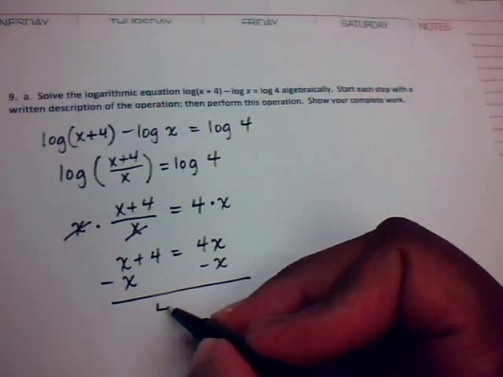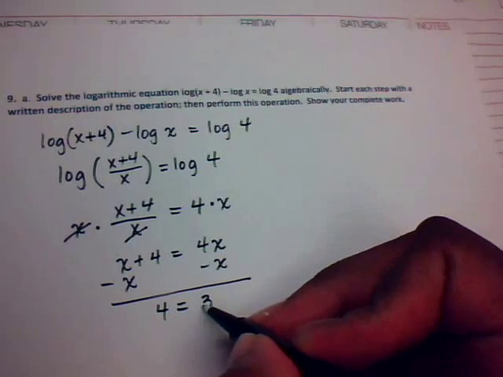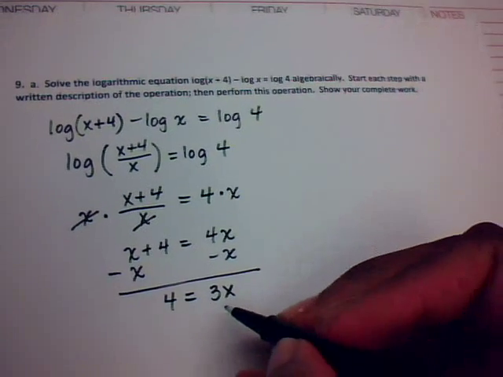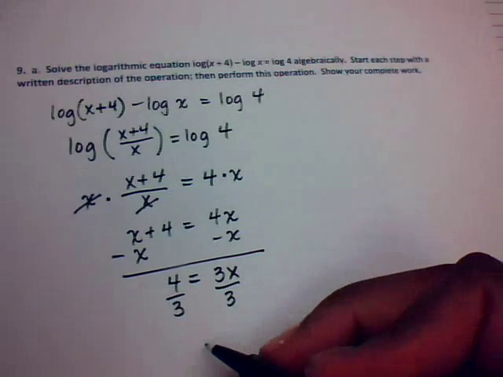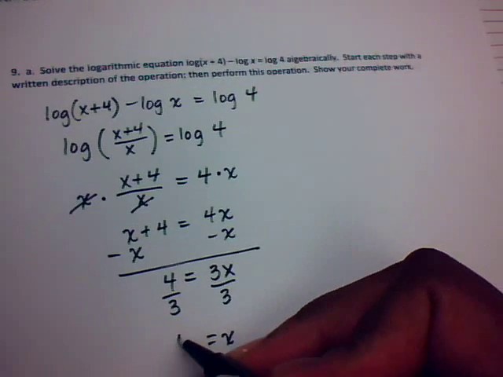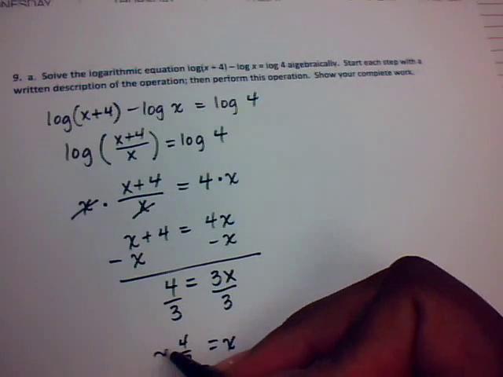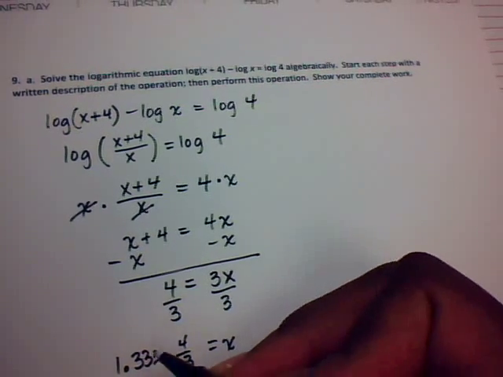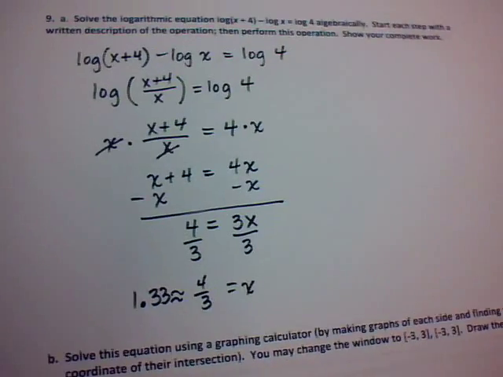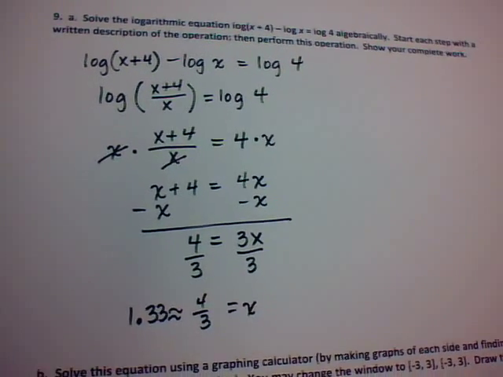So that means I'm going to have 4 is equal to 3x. And then to get the x by itself, divide by 3. You'll get x is equal to 4/3, which is equivalent to 1.33, because we know it's 1.33 repeating.